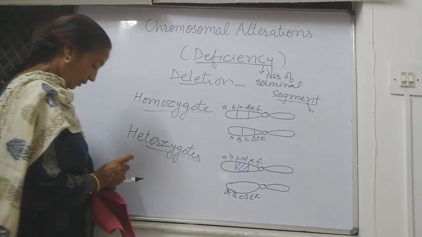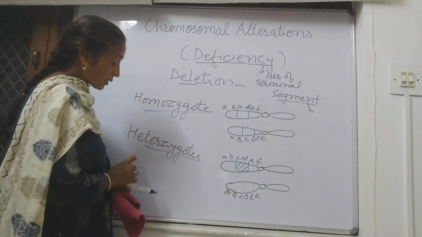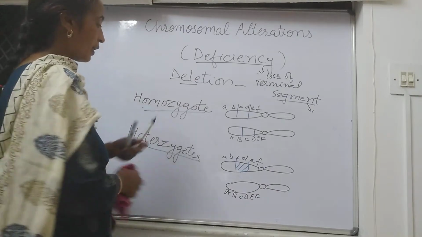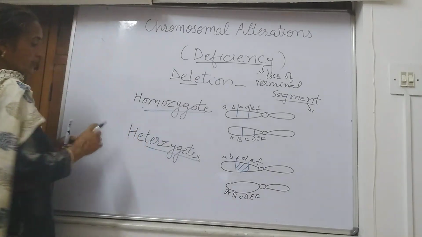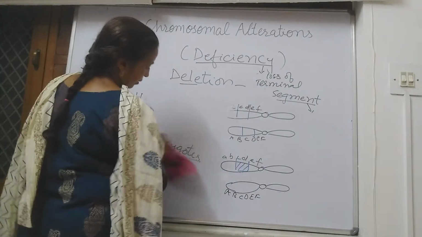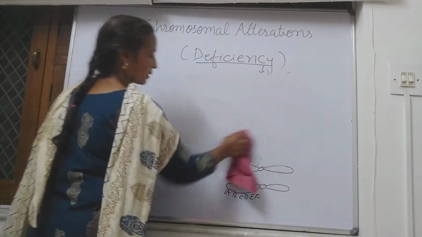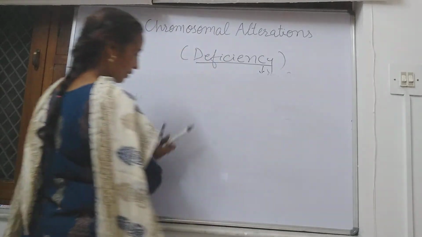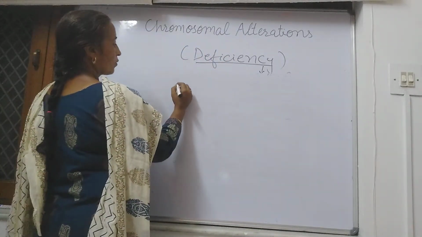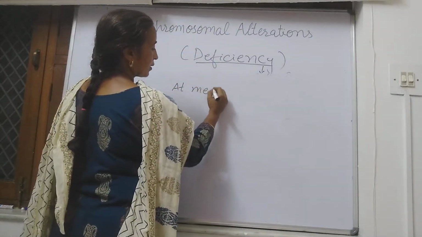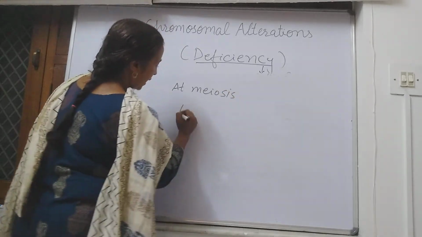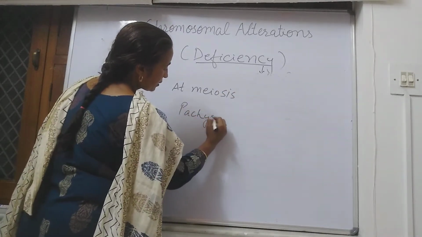Then what is the cytological effect at the pachytene stage of meiosis?